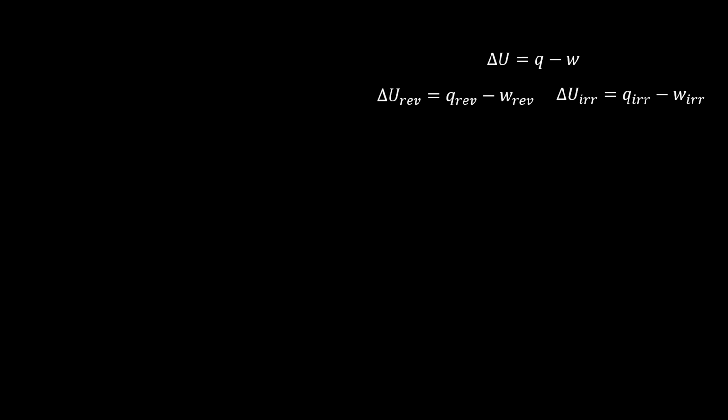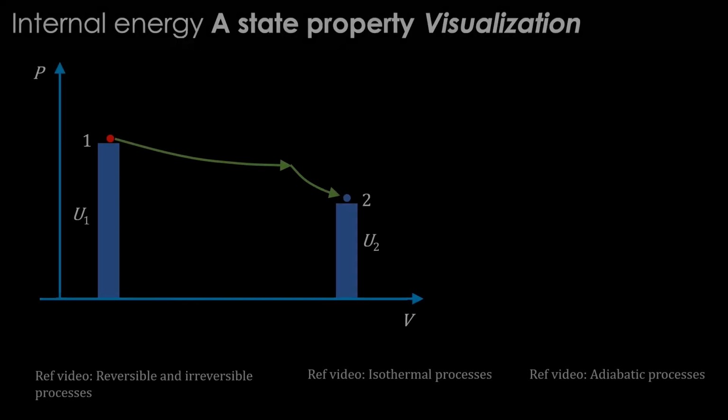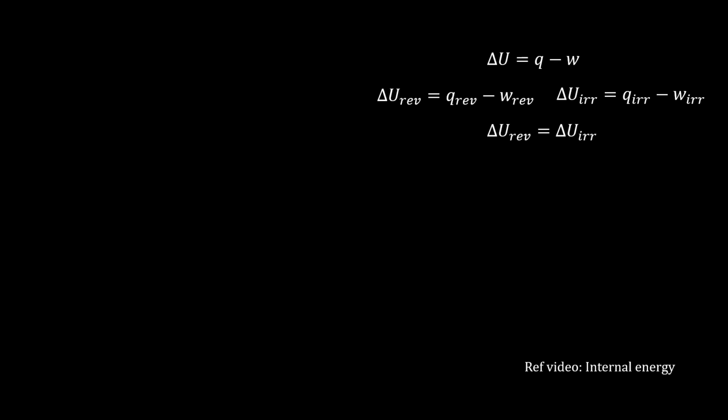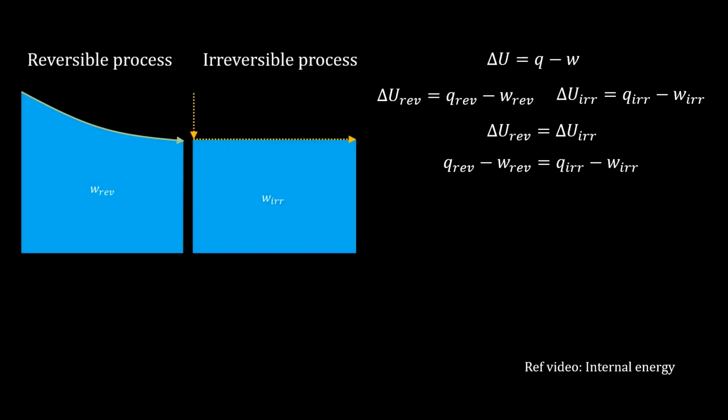Since delta U is the change in a state property, it is going to be the same in both the paths between state 1 and 2. Let's equate the above two expressions. Since we know that work done value is different in reversible and irreversible cases, the amounts of heat supplied in both the processes have to be different.